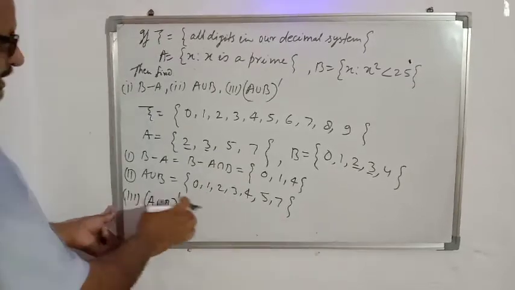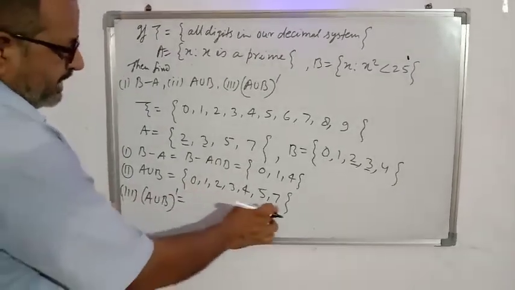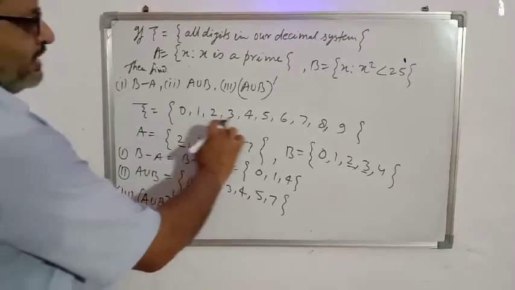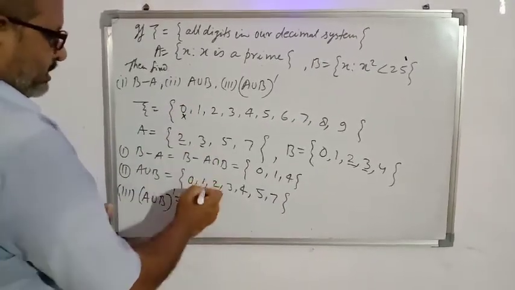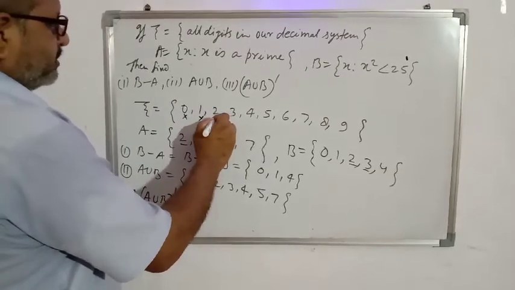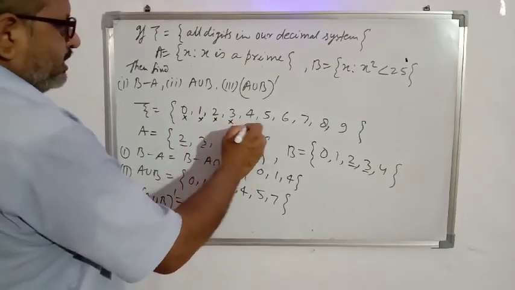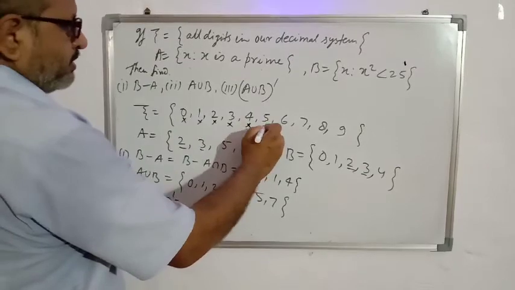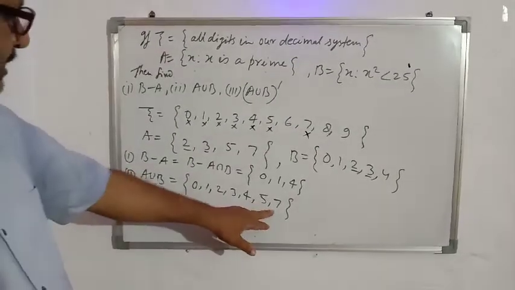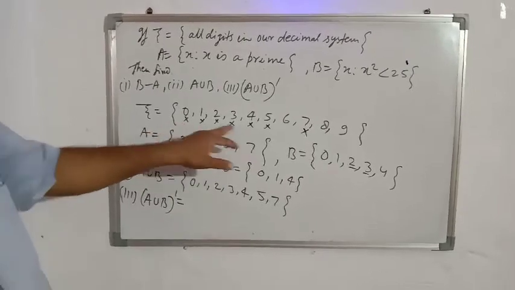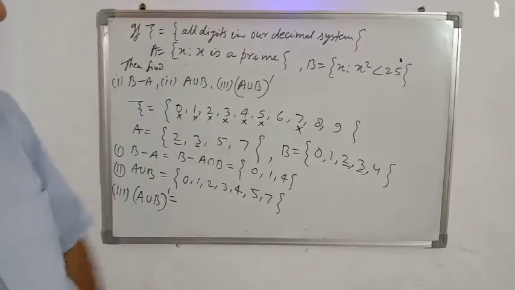Third one, A union B complement. A union B complement means we will remove these elements from the universal set. So we have to remove 0, 1, 2, 3, 4, 5, 7. We will remove these elements of A union B from the universal set and write the remaining elements.